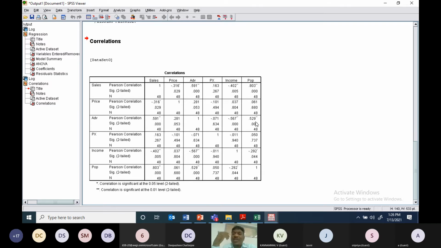Many times I could not go for good models because of the multicollinearity. Even recently, two days back, I'm doing a study related to FDI technological spillover, international finance or international business. Severe multicollinearity issue. I could not go for panel fixed effect, random effect model.